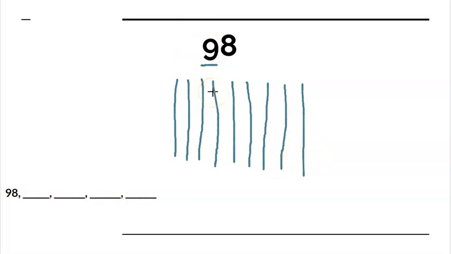Beautiful. Okay. Look at my ones place. How many ones do I need to add? 8 ones. Let me add that to my drawing. 1, 2 ones, 3 ones, 4 ones, 5 ones, 6 ones, 7 ones, 8 ones.